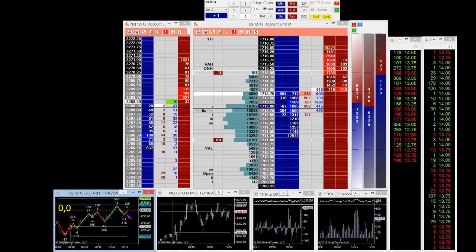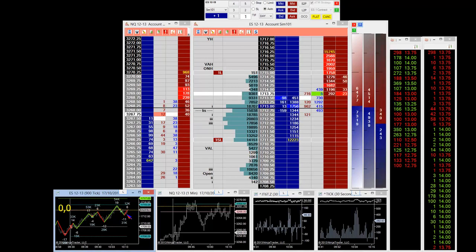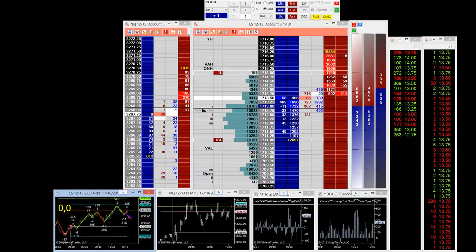So for me, if I get into a move and it's directionless, unless I'm leaning on an area in the profile, that is also a good reason to get out of a trade, because once you start to rotate, there's no real guarantee which way it's going to leave. You do want it to get into a trade, move against you a little bit, move for you a little bit, and then start working in your direction.